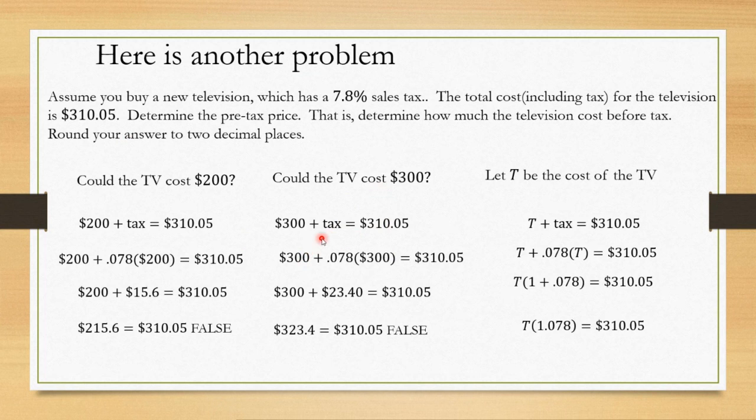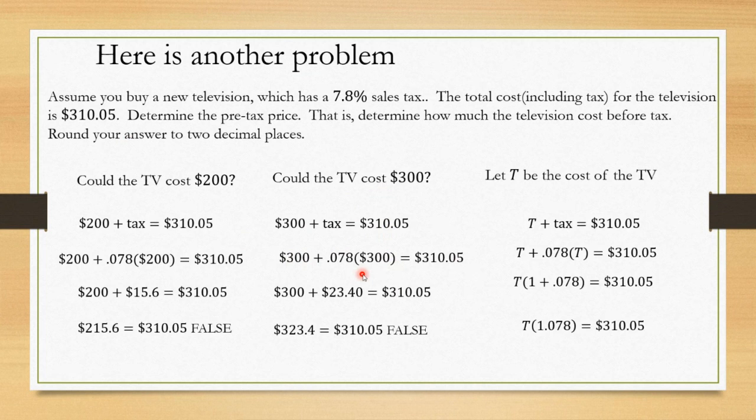But what is the tax? It's 7.8% of 300, which is this calculation. So we have 300 plus 0.078 times 300, as you can see. And that sum would have to be $310.05.